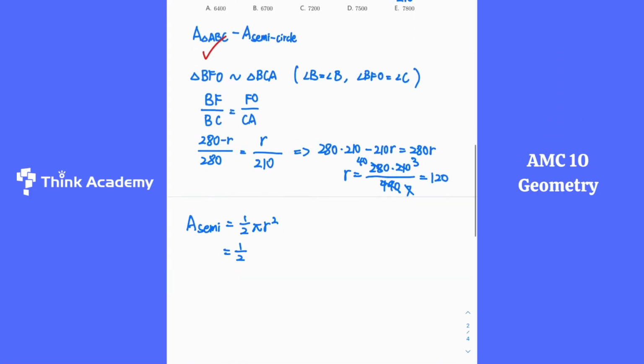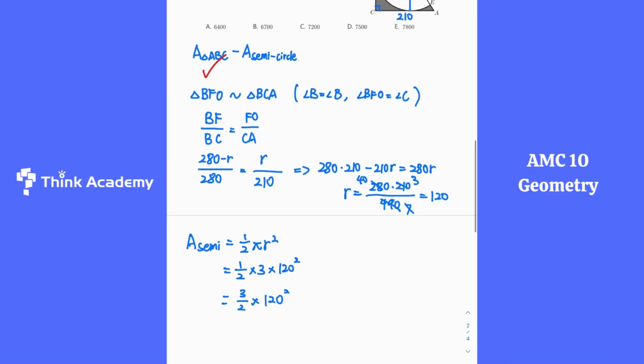So we have 1/2 multiplied by 3 and multiplied by the radius, 120 squared. Okay, and let's just leave the answer as this because we want to simplify this later.